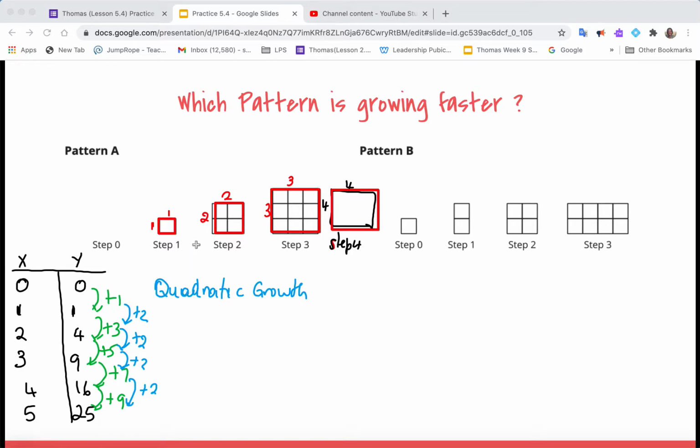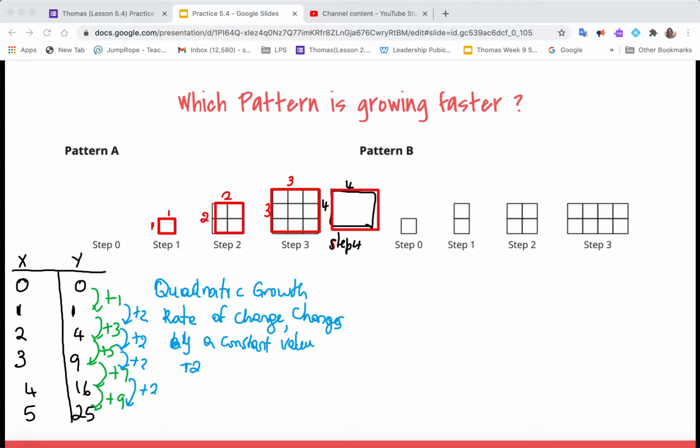And this is because the rate of change changes by a constant value, and that is plus 2.